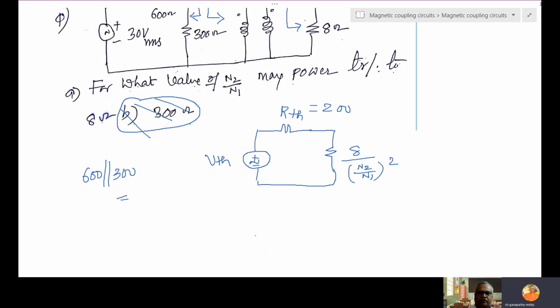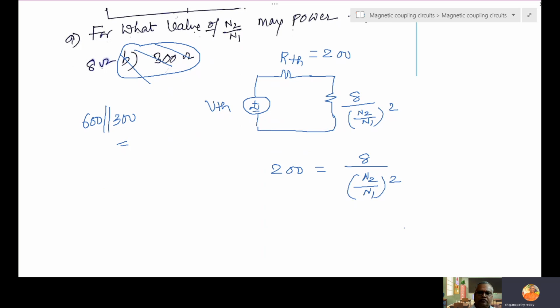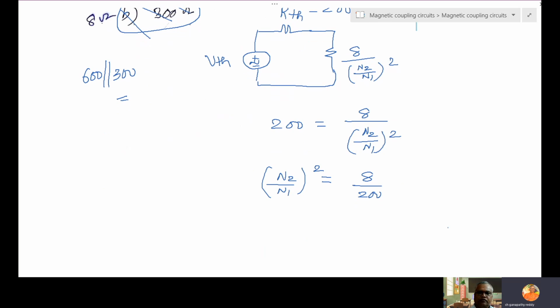For maximum power, this 200 should be equal to 8 by (N2 by N1) square. So from this, (N2 by N1) square is equal to 8 by 200. Now N2 by N1 is equal to root of 8 by 200. This is the answer.